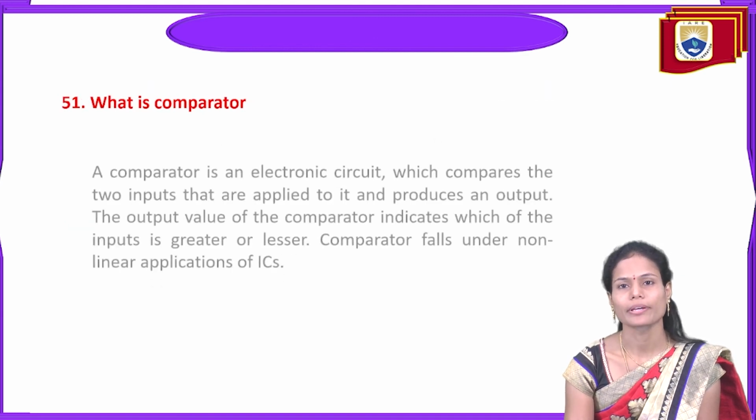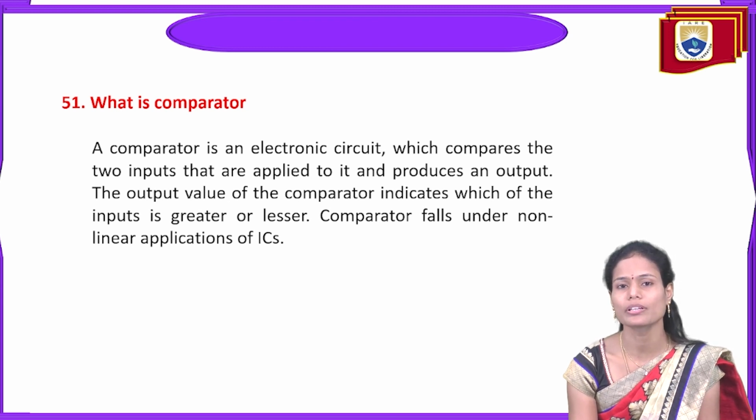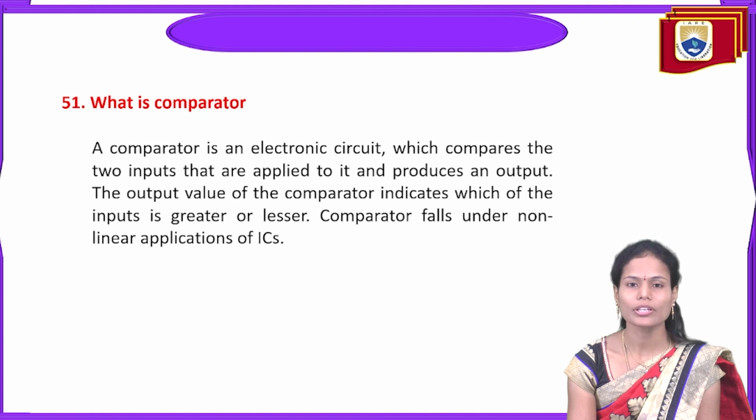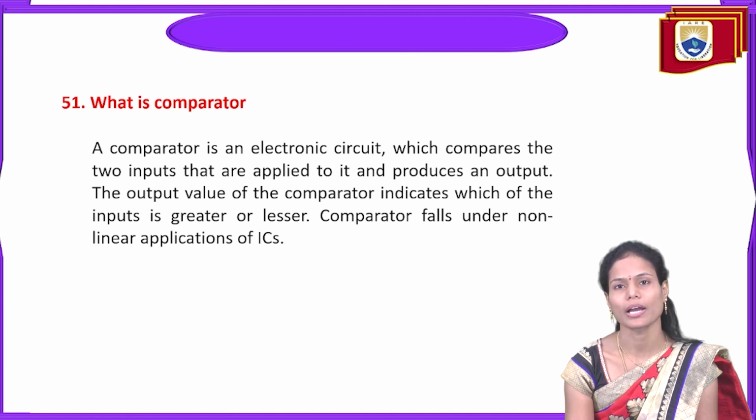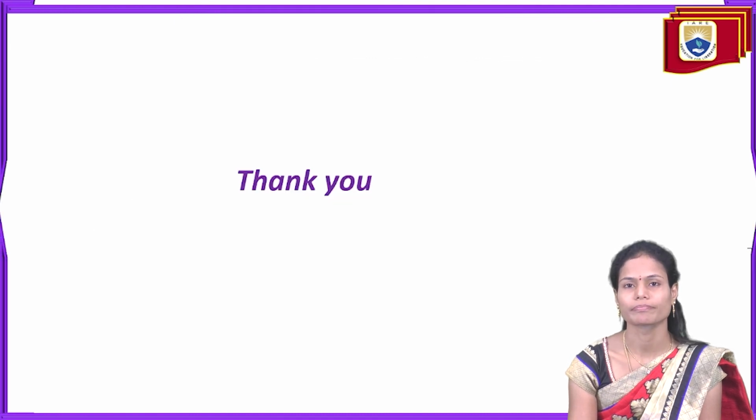And next, what is comparator? So here comparator is an electronic circuit which compares the two input signals which are applied to it, and it produces the output. So the output may be either greater or lesser compared to the other one. So this comparator comes under the linear applications of the operational amplifiers, and this comparator is also available in the inverting mode as well as the non-inverting mode.